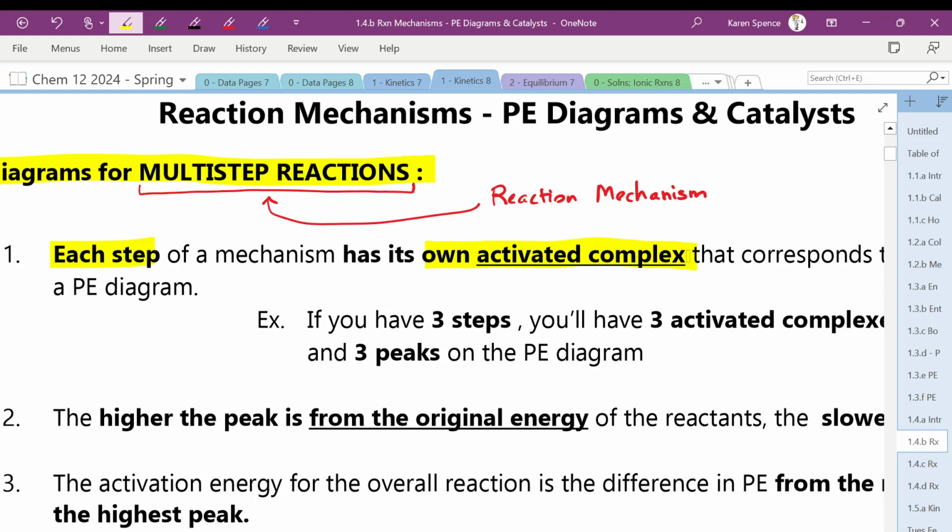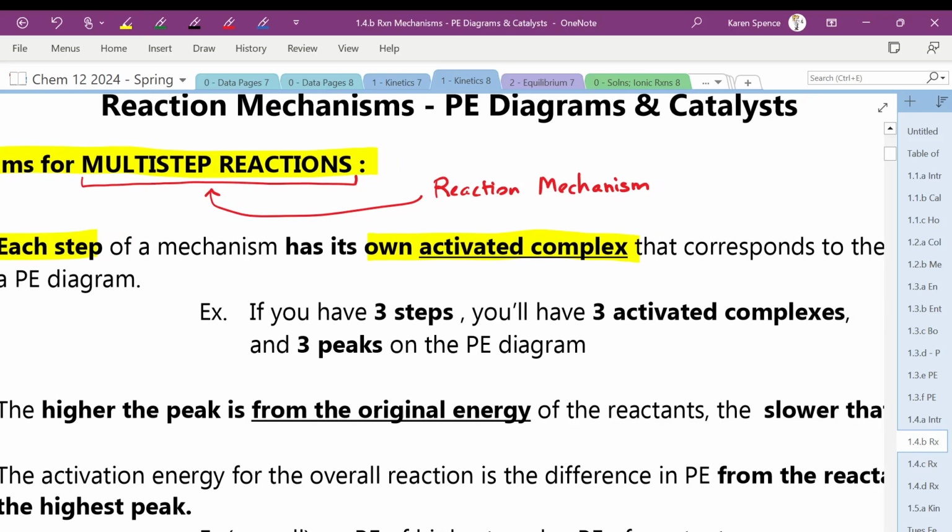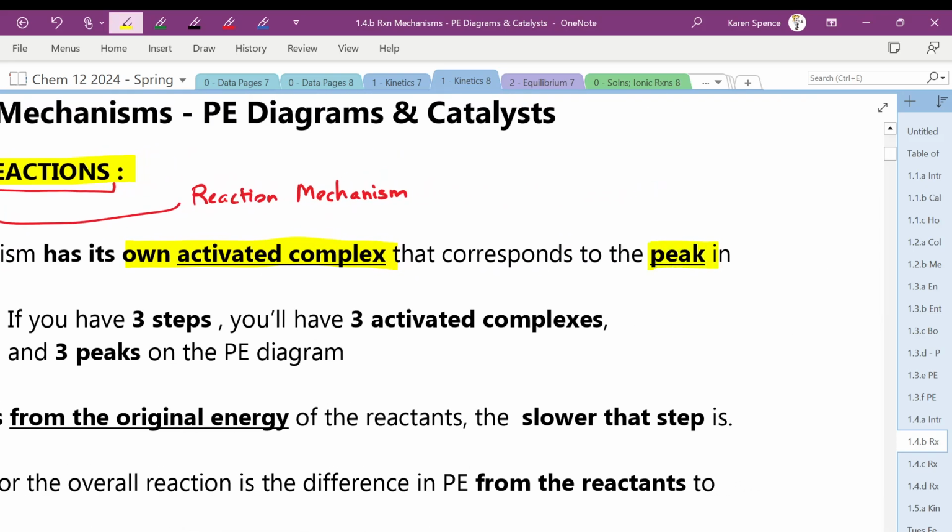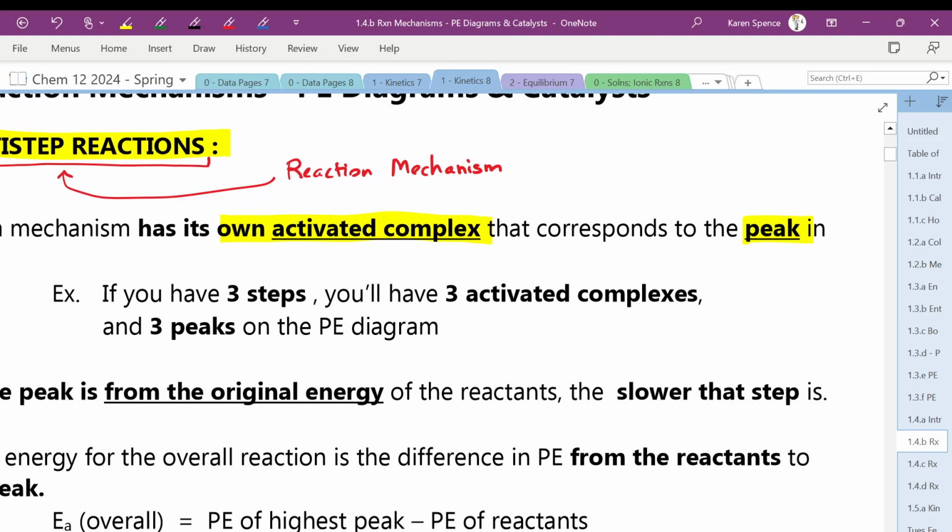Activated complexes on a potential energy diagram are located at the peak. So if each step has its own activated complex, then each step has to have its own peak, okay? So if you have 3 steps, you have 3 activated complexes, you have 3 peaks on the potential energy diagram.